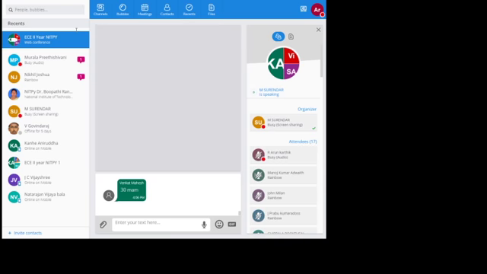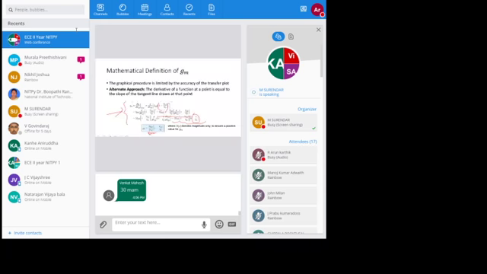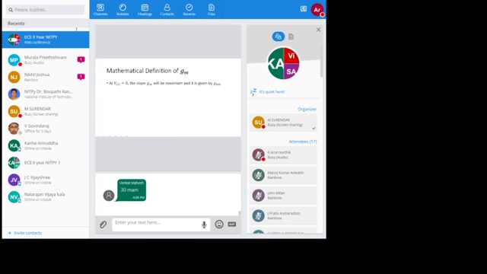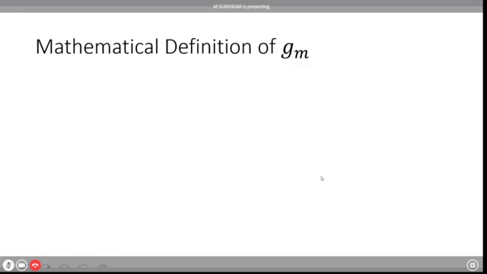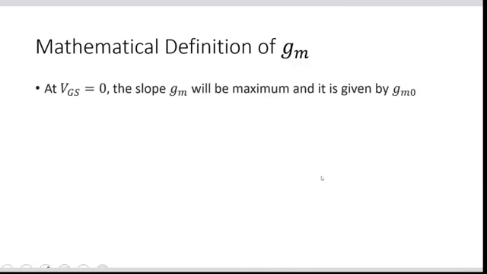And the parameter 1 minus VGS by VP will always be less than 1. So at VGS equal to 0, the previous equation we derived can be written again. When VGS is equal to 0, the slope will be maximum.